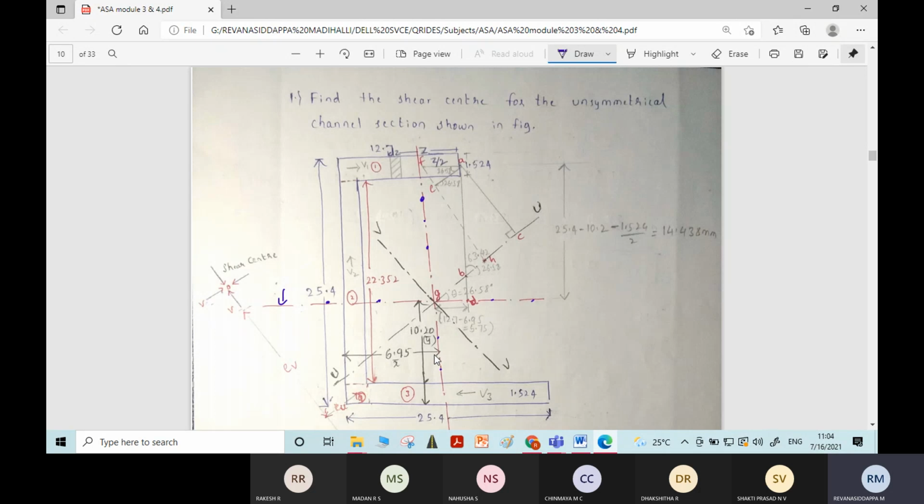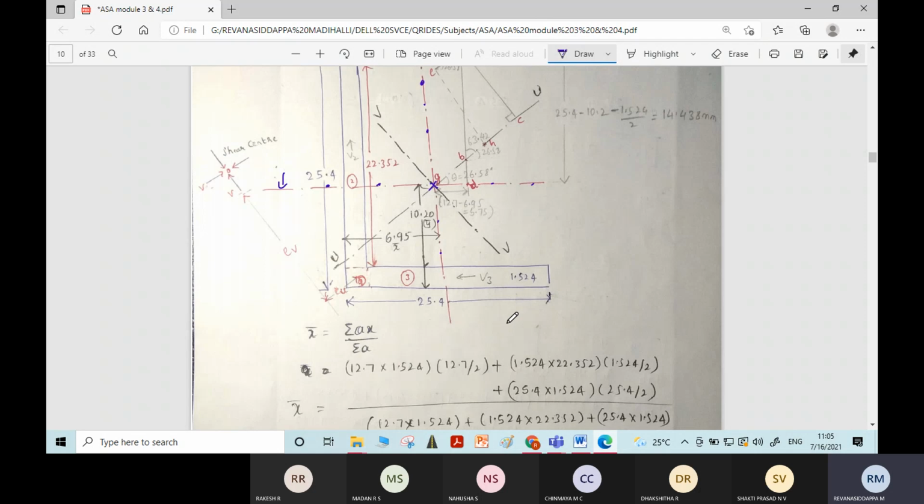If the figure is symmetric about both axes, the shear center will definitely lie at the centroid. But if the figure is not symmetric about both x and y axes, it will lie somewhere else, corresponding to one more reference axis, that is axis u and axis v. That is the principle here.